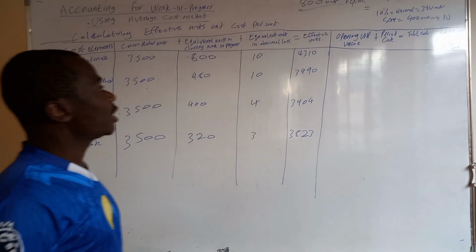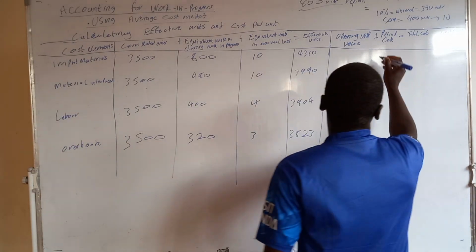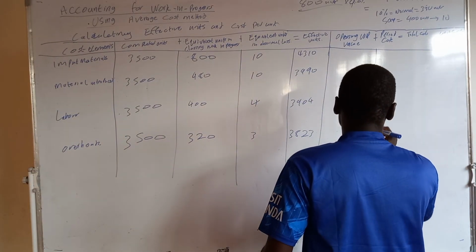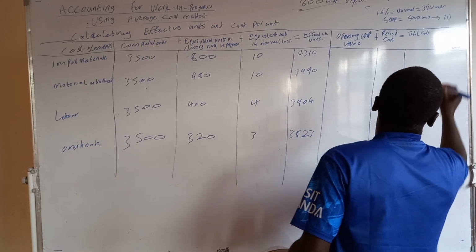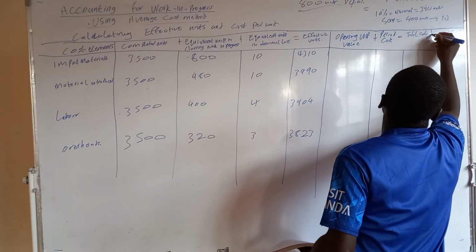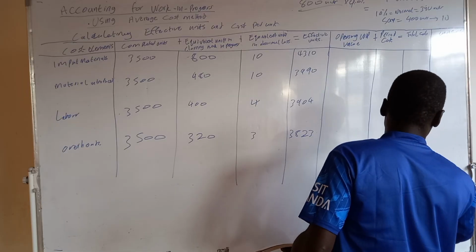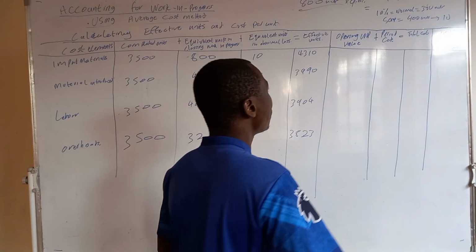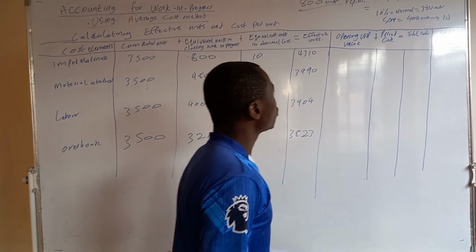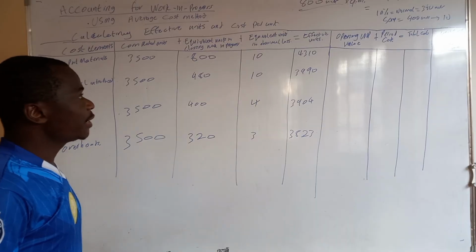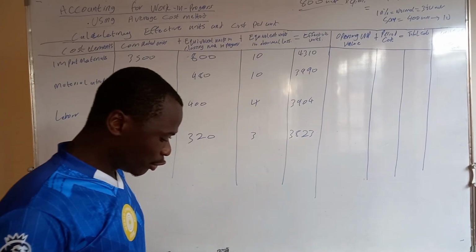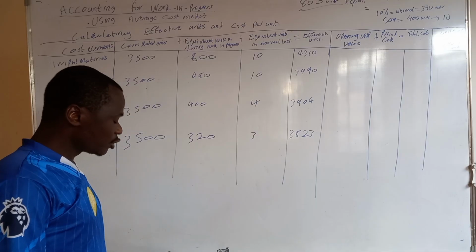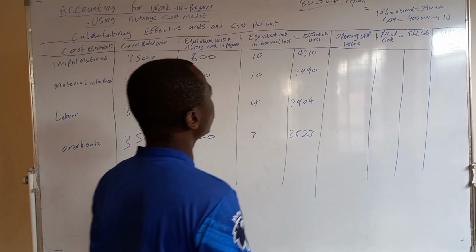Now we go to the value. Let us do something to make this look clean. We go to the value part. Opening work in progress in terms of value, we were told input materials 720.